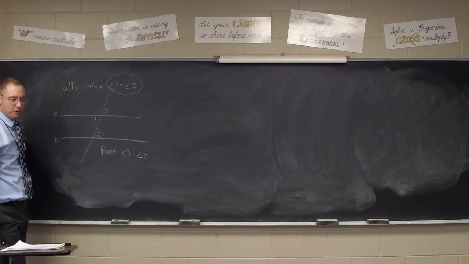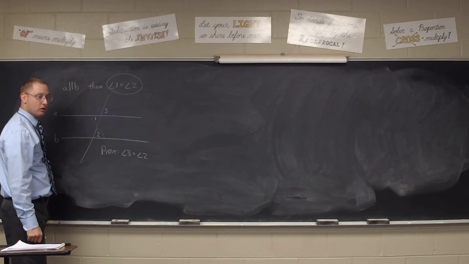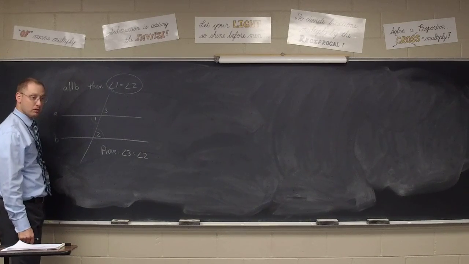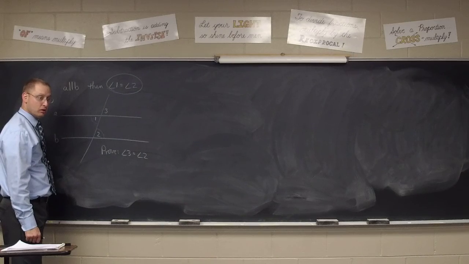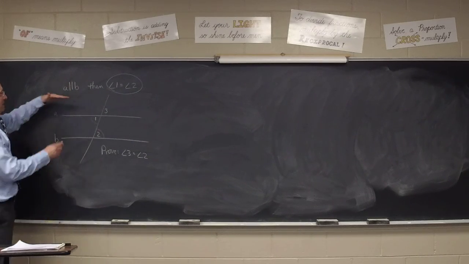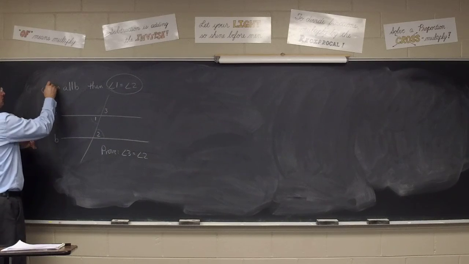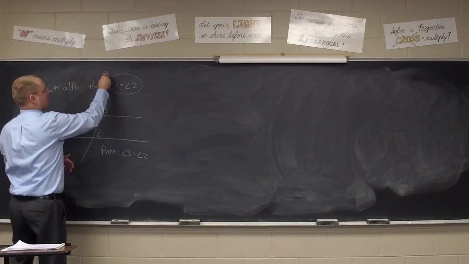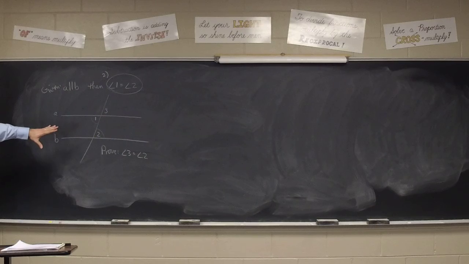Because angle 1 equals angle 2. If this is given, then this would be statement 2, that 1 and 2 are equal because alternate interior angles are equal if lines are parallel. We just proved it, theorem 8.